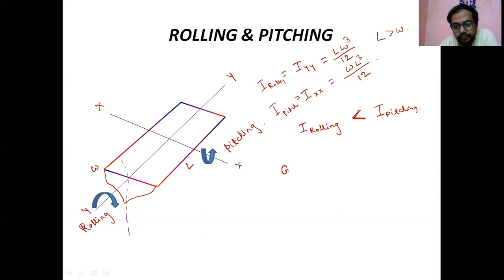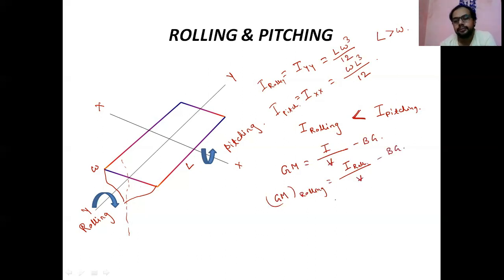Now the GM value is I by S. So for the case of rolling, GM of rolling, the metacentric height during rolling, uses I rolling, and GM pitching uses I pitching.